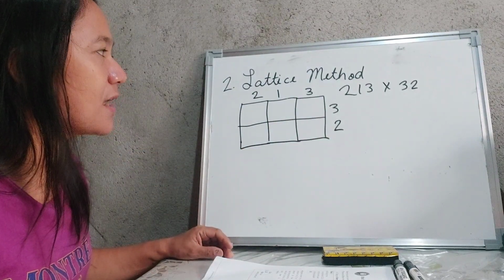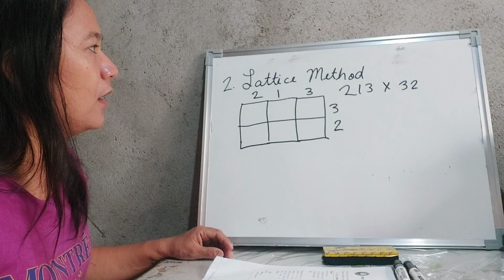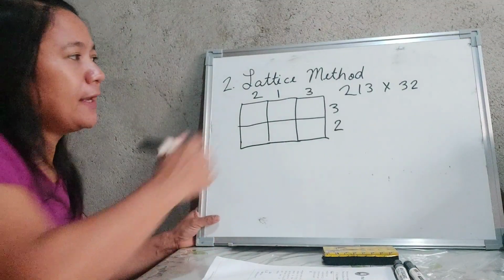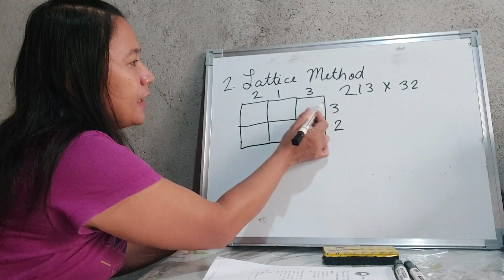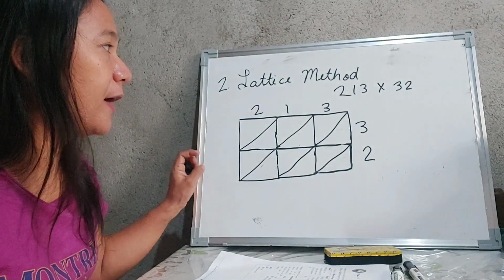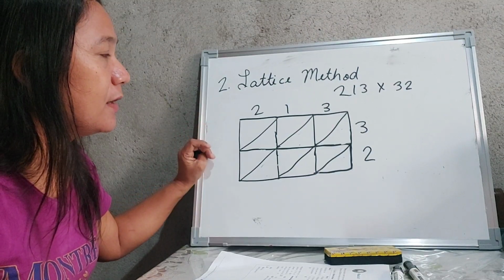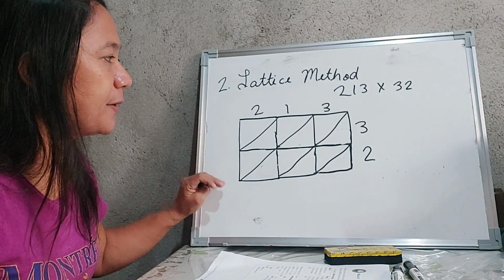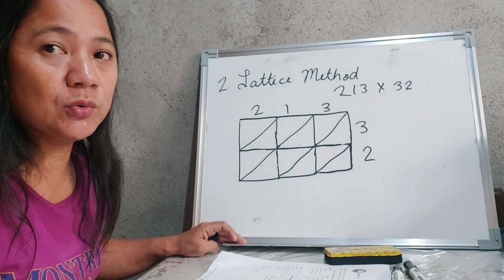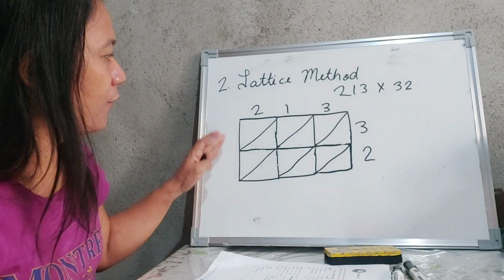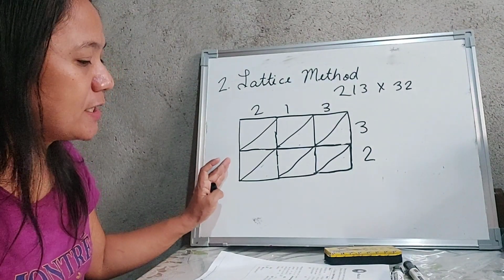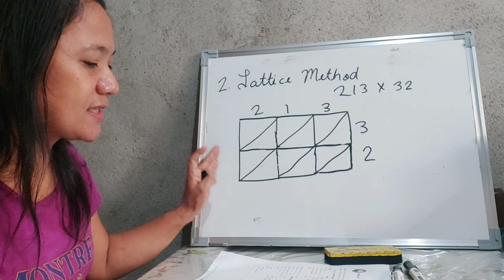So the next step that we will follow is to multiply. Before we can find the first partial product and second partial product, as you can see, I divided each box into 2. So, if we already divided the box into 2, let us now proceed to step number 2.